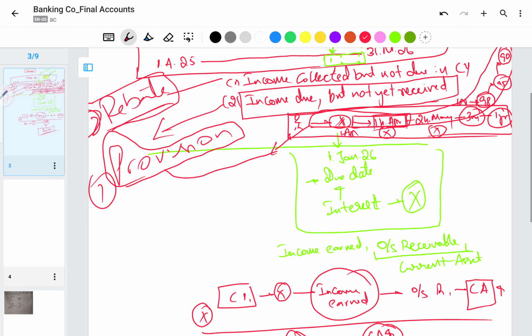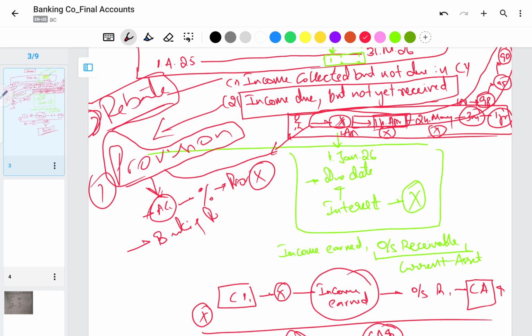Now, in general business, the accountant takes the decision on the percentage of provision to be created. Here, the Banking Regulation Act specified a specific percentage for the duration.